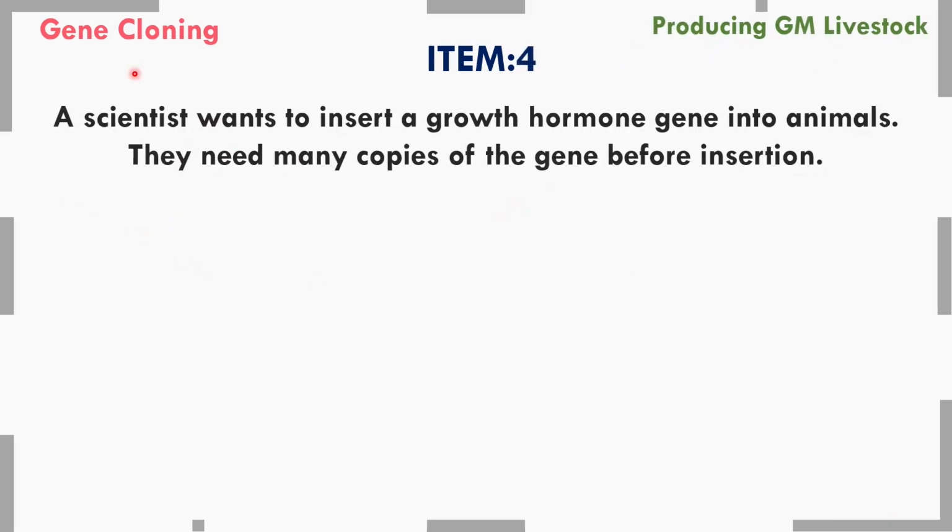Still under gene cloning, we want to look at producing GM livestock, genetically modified livestock. Item 4. Scientists want to insert a growth hormone gene into animals, and they need many copies of the gene before insertion.